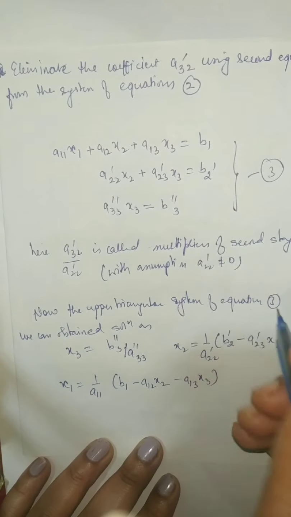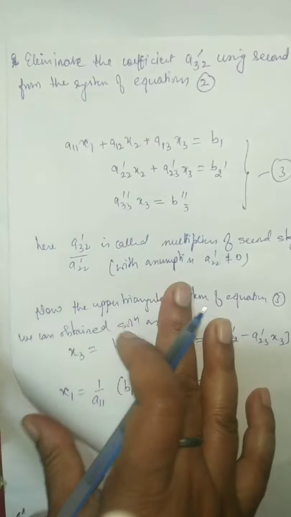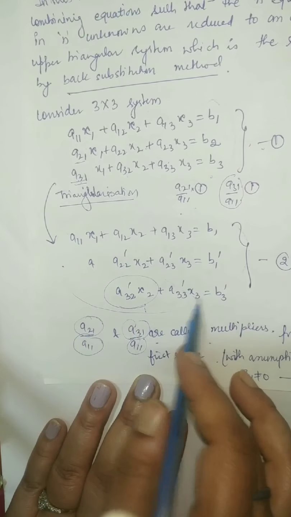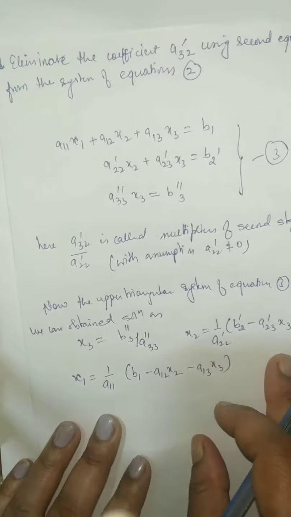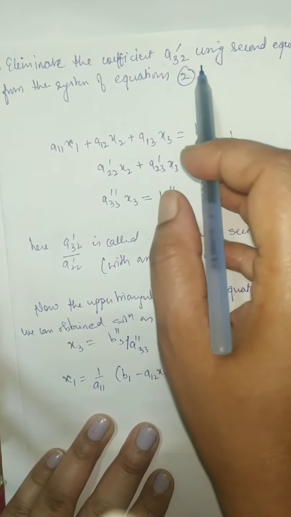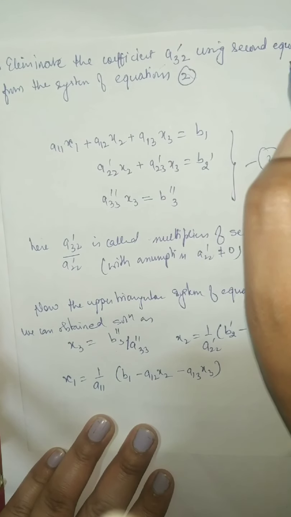Next we eliminate the coefficient a32 dash, so that the upper triangular matrix is formed. For this, we have to eliminate the coefficient a32 dash using the second equation from the system of equations 2.